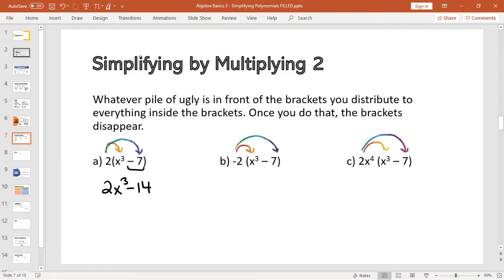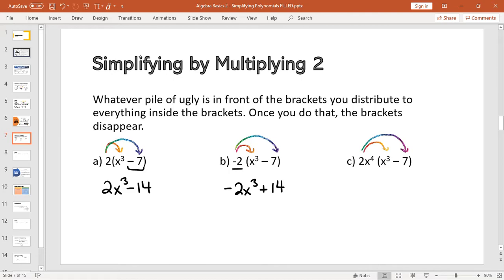And in this case, we've got a negative 2, but we're going to do the same thing. Negative 2 times x cubed, negative 2x cubed. Negative 2 times negative 7, watch, we'll flip the sign. Negative times negative makes a positive. And in C, we still have our 2, but now we also have a variable component to our first thing.